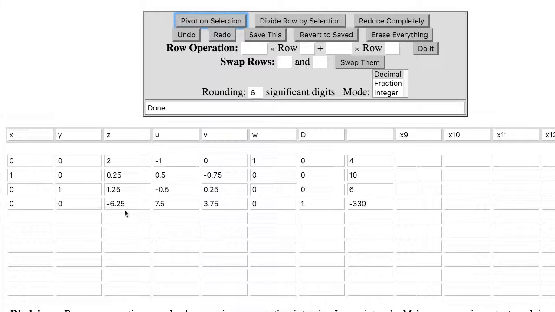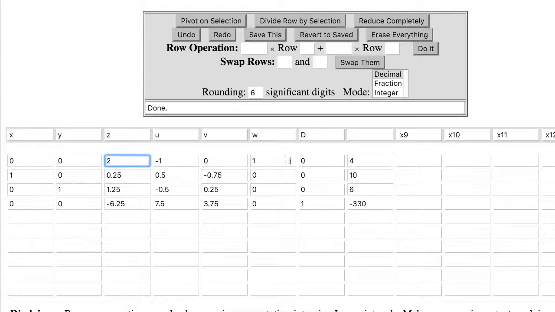But I still have a negative in the bottom row. So now, based on this negative in the bottom row, I have to pick a pivot element from this column. 2 into 4 is 2. That is bigger. This 1.25 into 6 is also bigger.